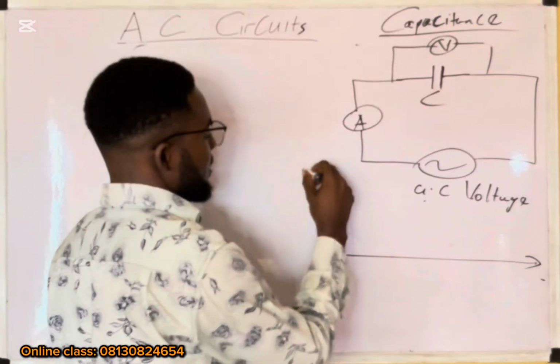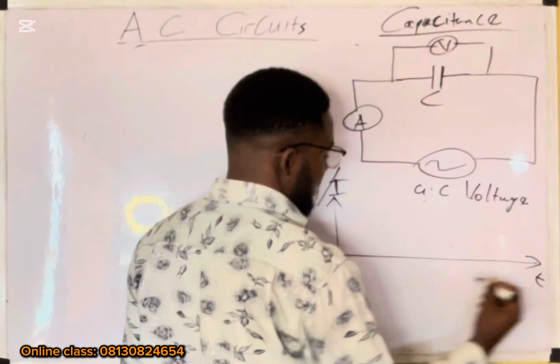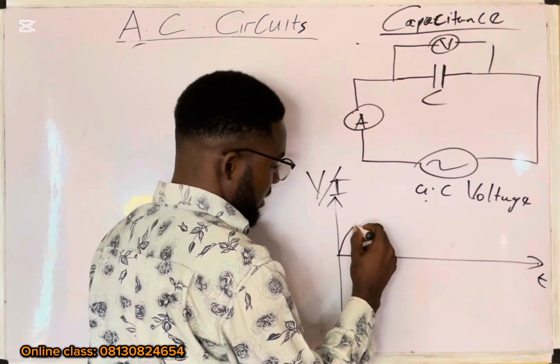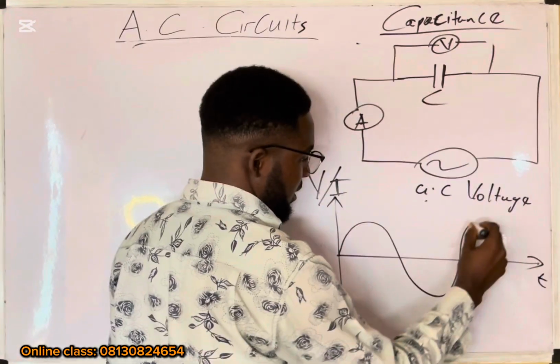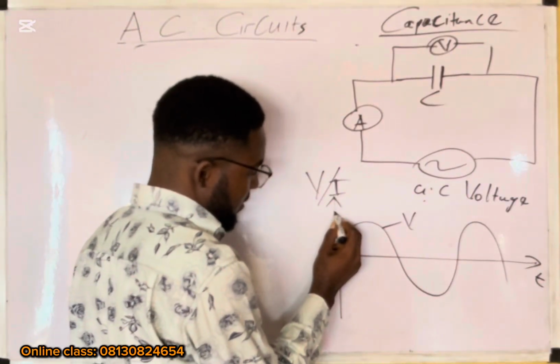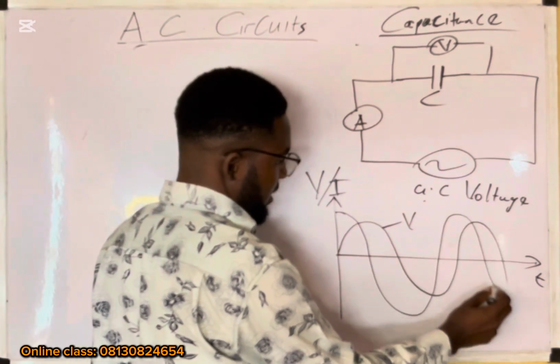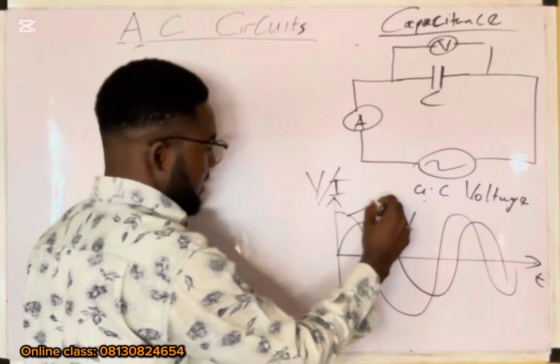Graphical representation for this: voltage and current against time. If this is the voltage, the current is leading with 90 degrees. It'll be like this, something like this, leading with 90 degrees. There's the current.